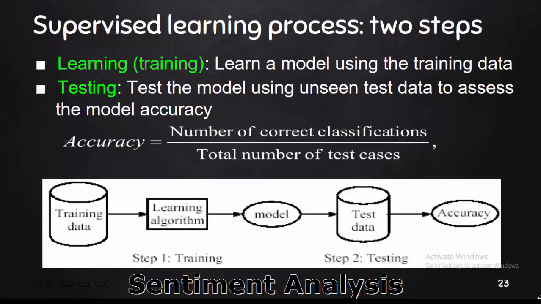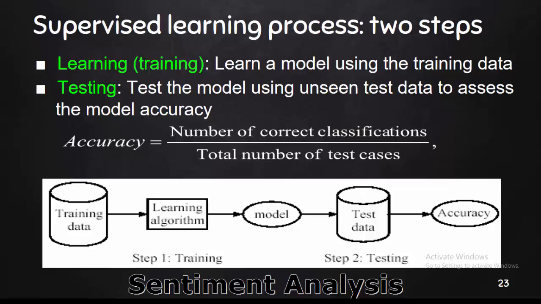Supervised learning is a two-step process. First is learning, or you can say training. It means learning a model using the training data. And second is testing. Test the model using unseen test data to measure its accuracy. So what is accuracy? Accuracy is the number of correct classifications divided by the total number of test cases.